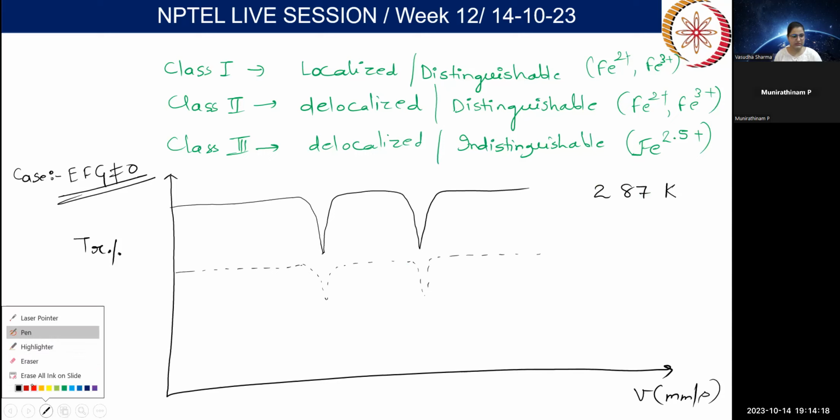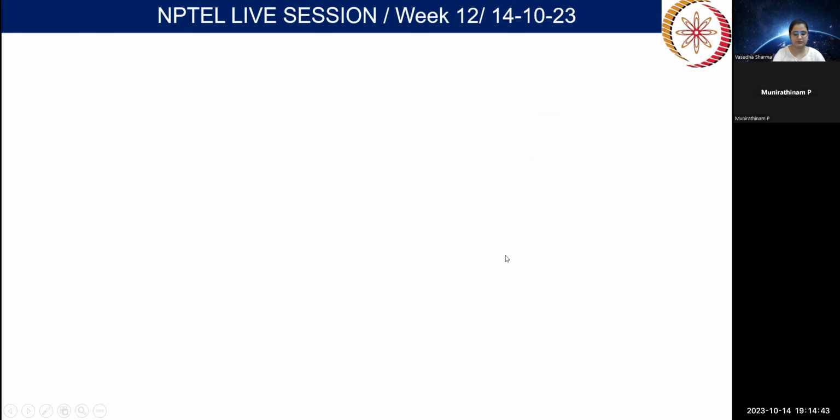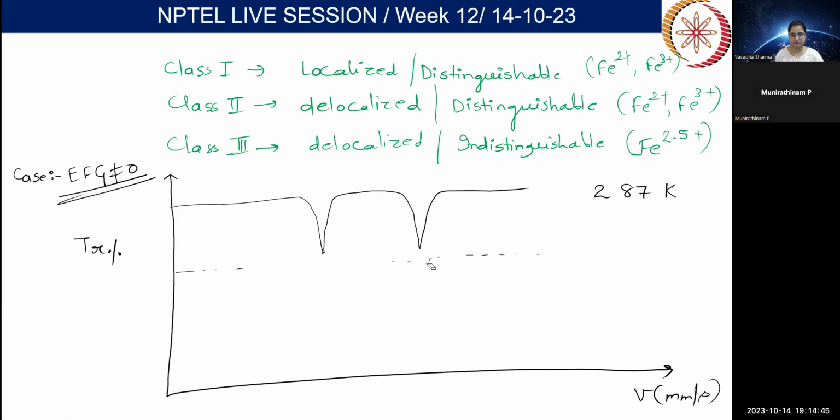And mainly what occurs is one peak here, or we can just make it a bit broader.